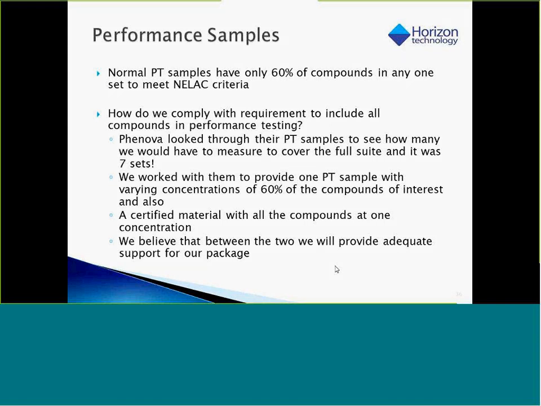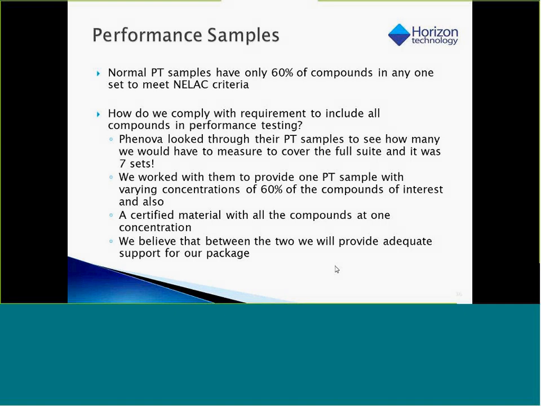So I said, well, now I'm kind of between a rock and a hard place. How am I going to comply with the requirements when I can't get what I need for the performance testing? So he looked in their performance test samples to see how many I would need to cover the full suite of analytes. That didn't work so well. We worked with them to provide one performance test sample with 60% of the compounds of interest, and also a certified material with all of the compounds at one concentration.